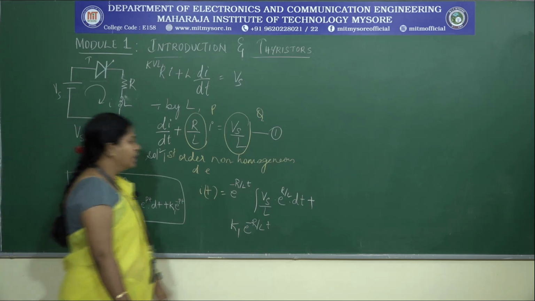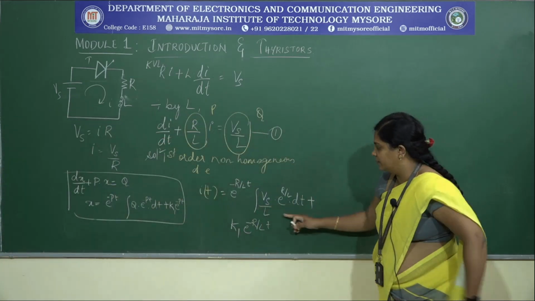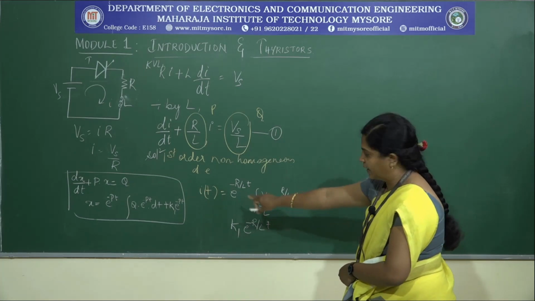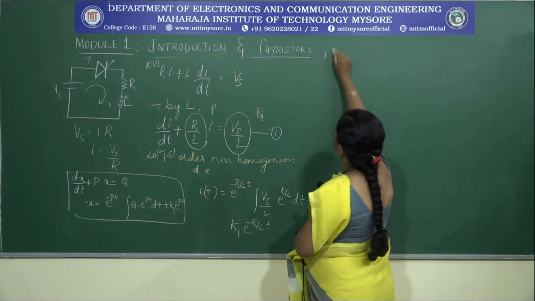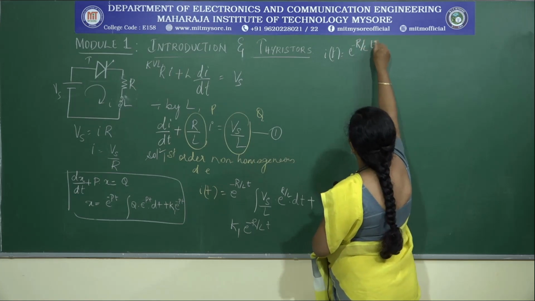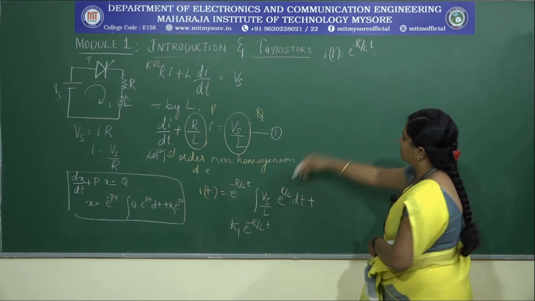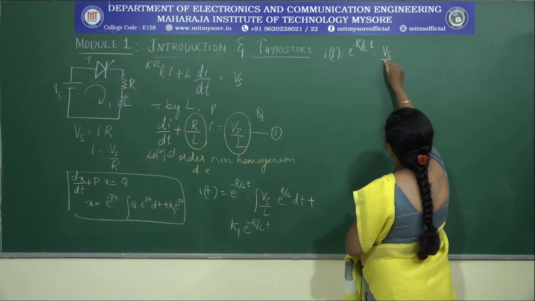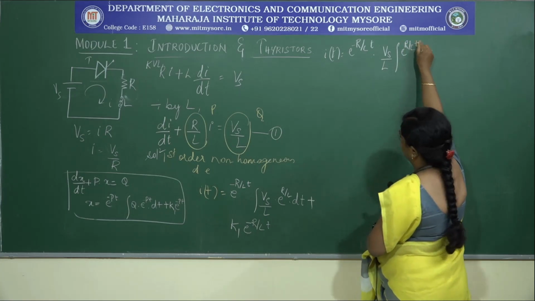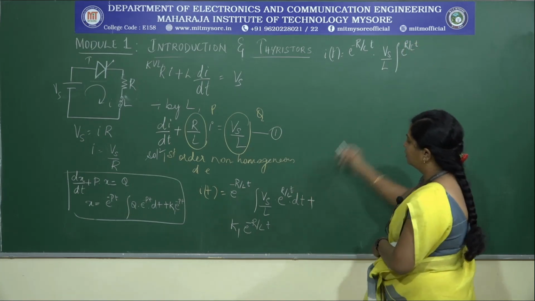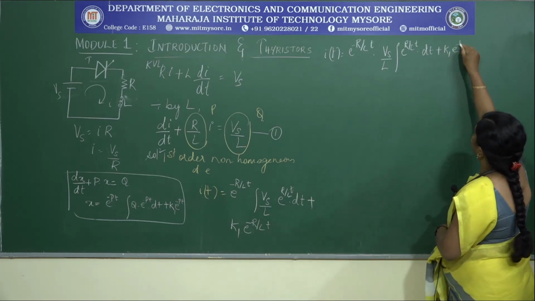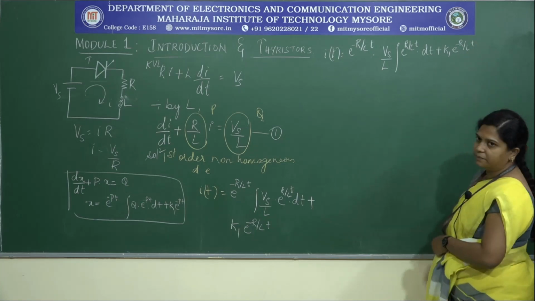Using this solution, now let us substitute here to find the solution. We want the expression for I of t. So, I of t is equal to e to the power of minus R/L t. Vs/L is a constant, so take it outside the integration, into integration of e to the power of plus R/L t, we should write t here, into dt, plus K1 into e to the power of minus R/L into t.